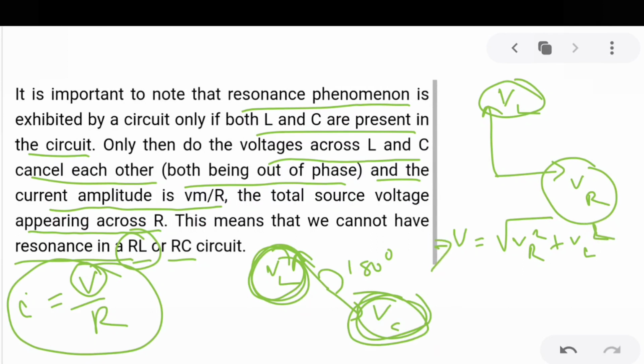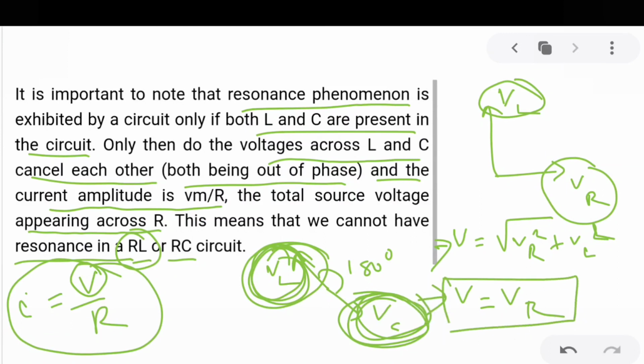But in an LCR circuit, VL and VC cancel out at resonance, and we have V equal to VR. This possibility exists only when both L and C are present in the circuit, and not in an RL or RC circuit. This is explained on page number 249 of your NCERT textbook. So this is all about resonance in the series LCR circuit.